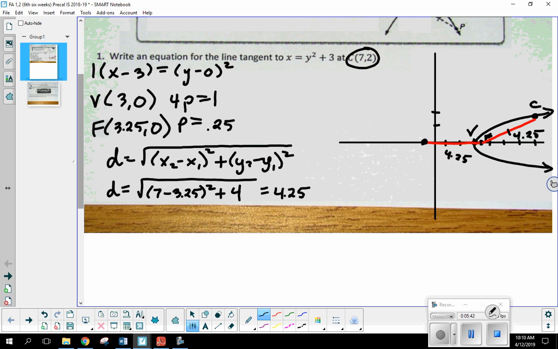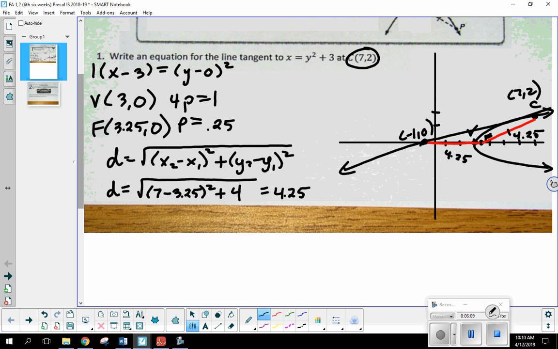If I move right, I added. Left, I'm going to subtract. So what is 3.25 minus 4.25? That's negative 1. So this point we end up at is negative 1, 0. I know negative 1, 0 is on that tangent line that contains the point we want.